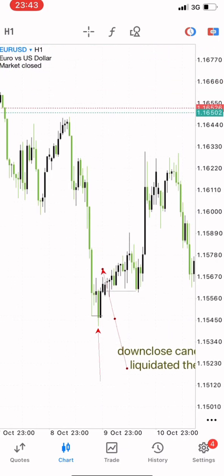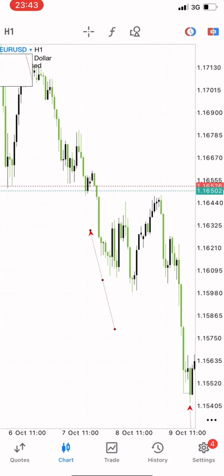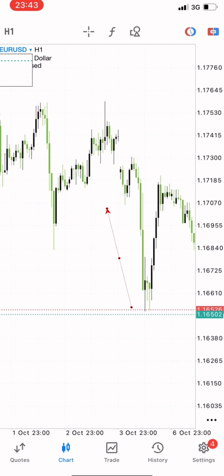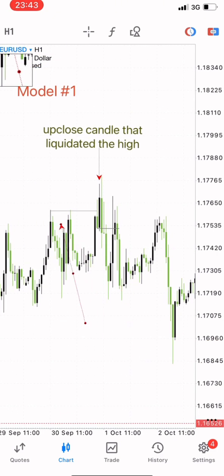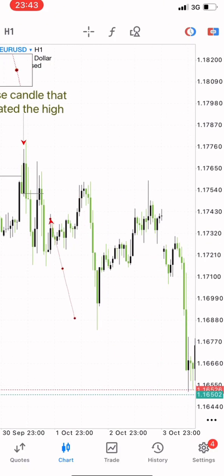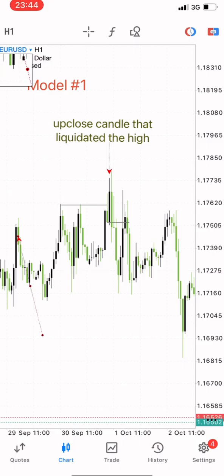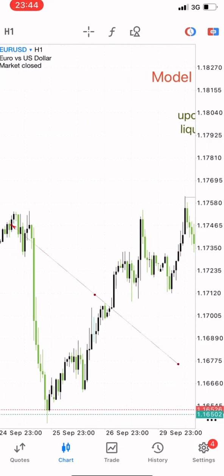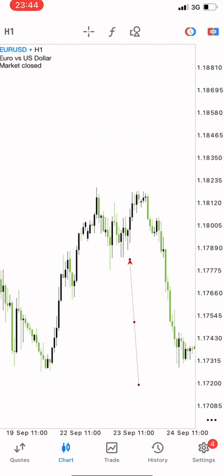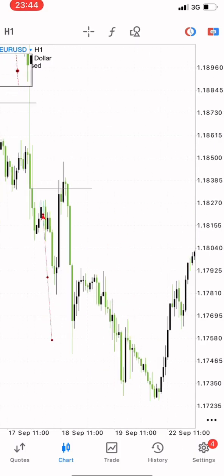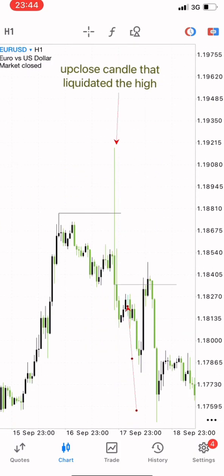Now what's happening in model number one, it's not just a pattern. It's the market makers pushing price, enticing new orders and new liquidity into the market, right? Because that's how they generate interest in the markets, by pushing price higher or lower, enticing dumb money to get excited and participate in a trade in the false direction.